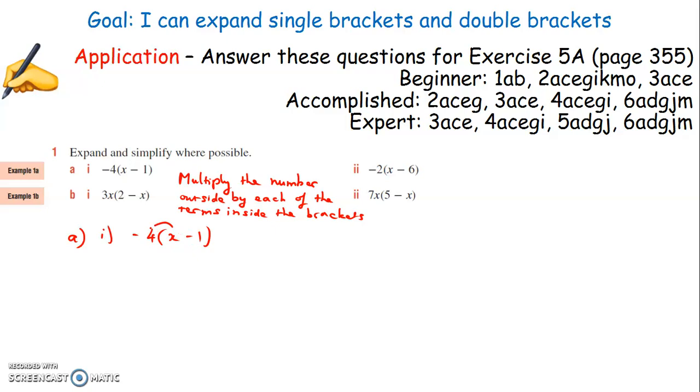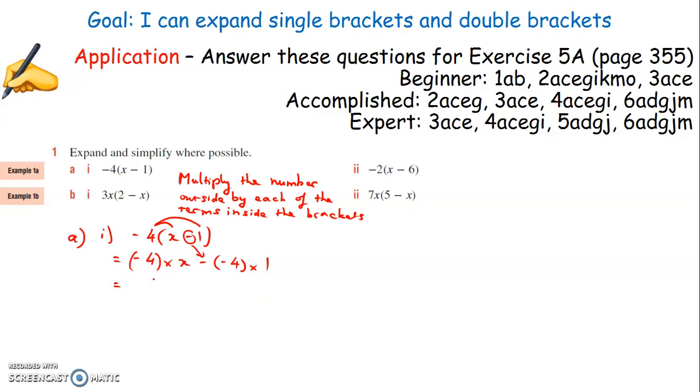So negative 4 times x, and then negative 4 times the negative 1 here. So first one, negative 4 times x. I'm going to bring the minus sign outside. And then we have negative 4 times 1. Remember that this negative sign stays with the 4.